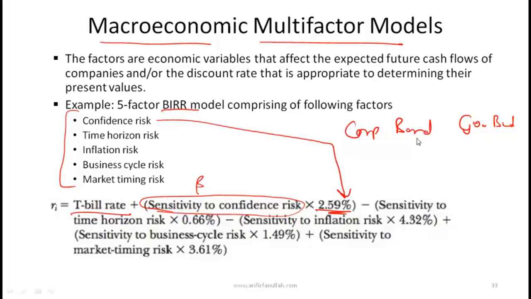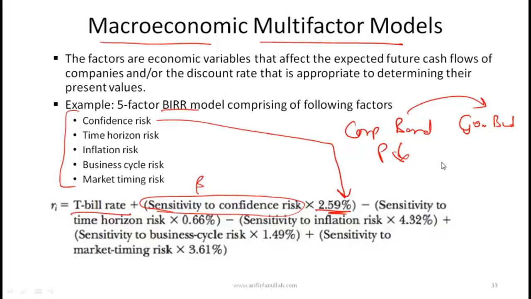When the confidence level is low, then the spread becomes high because money flows out of corporate bonds into government bonds. When money flows out, the price goes down and the spread goes up. So that's your basics from level 1.